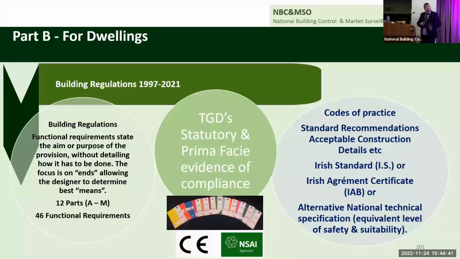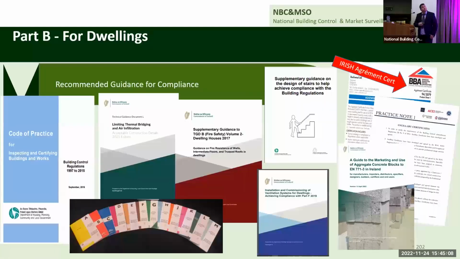So the building regulations, technical guidance documents, and supplementary guidance are all prima facie compliance with the building regulations. So you've codes of practice, standard recommendations, acceptable construction details, Irish standards, Agrément certs, alternative national technical specifications, equivalent level of fire safety and stability. So these are all recommended guidance documents that are on the department website.